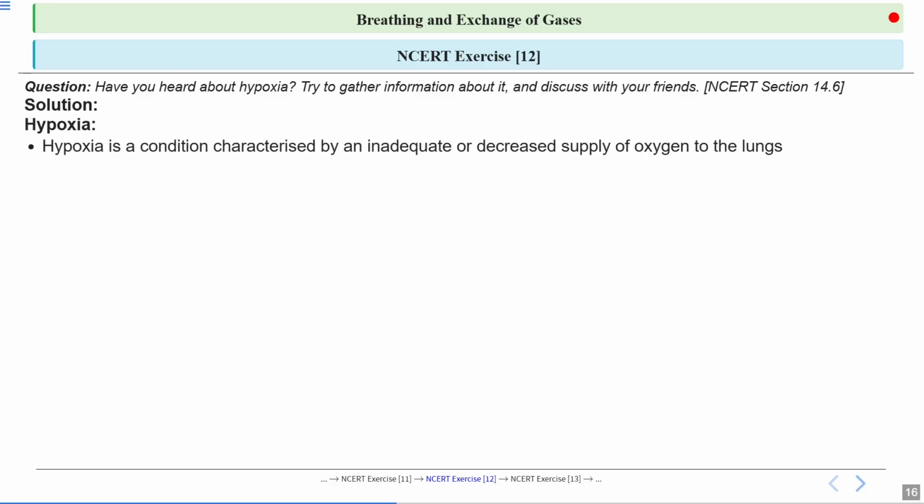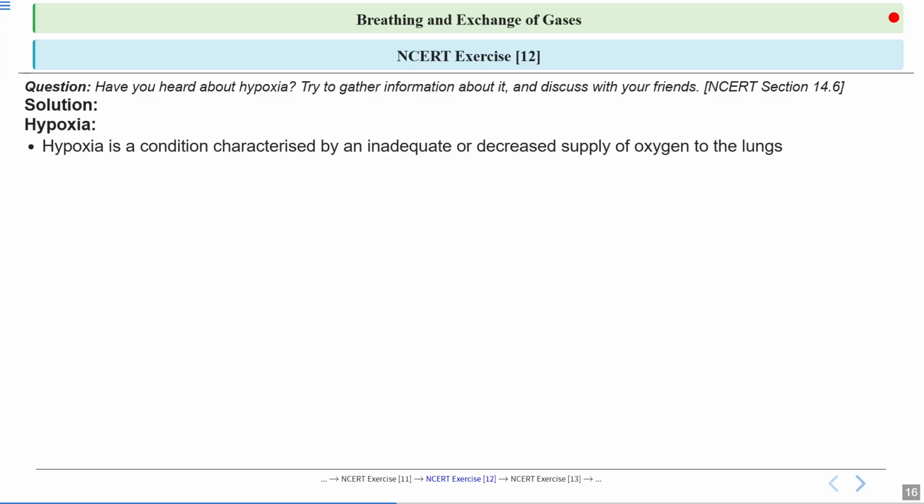Let us see what hypoxia is. Hypoxia is a condition characterized by an inadequate or decreased supply of oxygen to the lungs, right? So when the supply of oxygen is less, we can say that this is the hypoxia condition. And this could be for any reason; there are so many reasons for this.